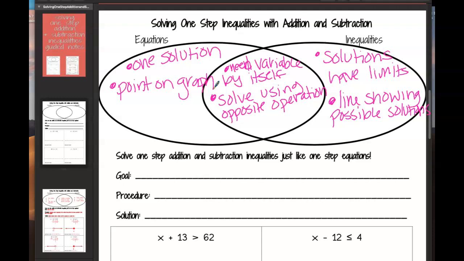Down there it says solve one-step addition and subtraction inequalities just like one-step equations. The goal is to get the variable by itself. The procedure is opposite operation.